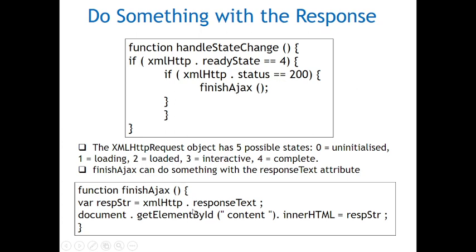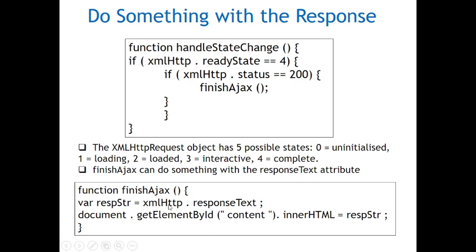What is finish Ajax? See, when you get the response from the server, you are calling this method. So what is in finish Ajax? You are going to display that in this div, in this area, content, innerHTML, that is, whatever response you are getting from the server, you are going to put it here.